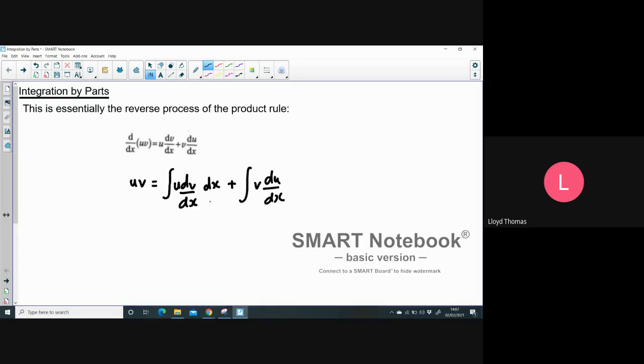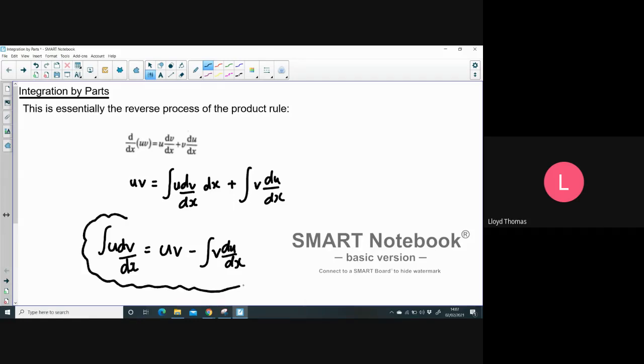If I swap things around or move things about, I can rearrange it eventually to get this: the integral of u dv by dx is equal to uv minus the integral of v du by dx. That's a slightly different variation. I just took this over to the left-hand side, and you end up with this. This is integration by parts.